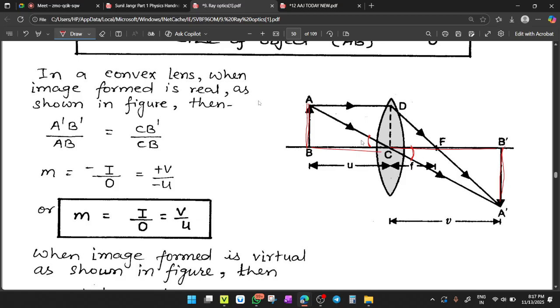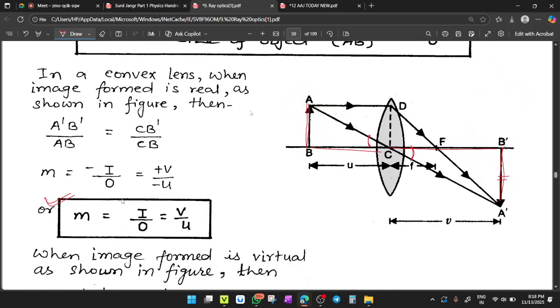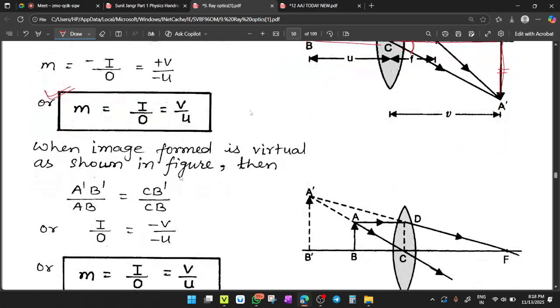A dash B dash is your image. So A dash B dash equals minus I upon plus O, because A dash B dash is downside, so it will be considered as minus I upon O equal to CB dash, equal to plus V upon U. Now you can cancel minus and minus sign both sides. You will have I upon O equal to V upon U. Clear? So this is the first case. For the real images, we have magnification equal to V upon U.